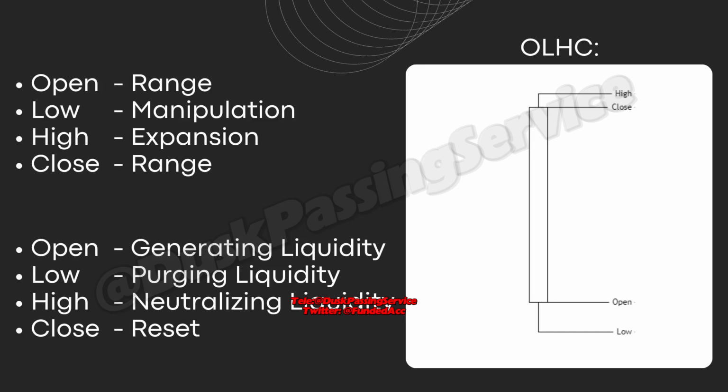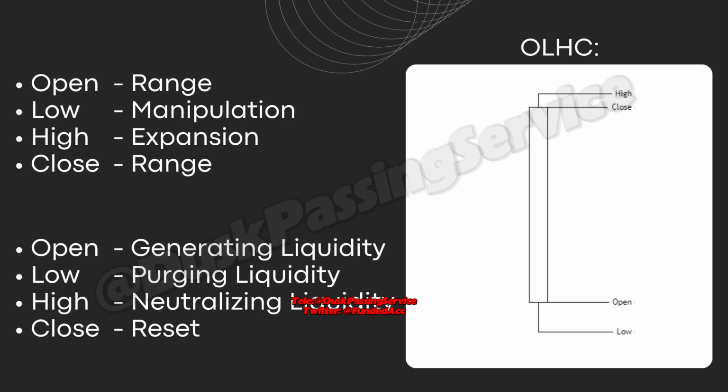And with that, it's going to do two things. First of all, during the manipulation profile, it's going to test the higher time frame key level, and second, it's going to rebalance a dealing range, or an expansion swing on a higher time frame, right? These are the two things that it will do after liquidity is generated and then purged.